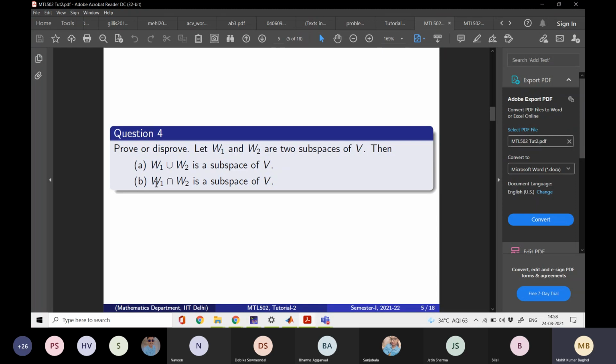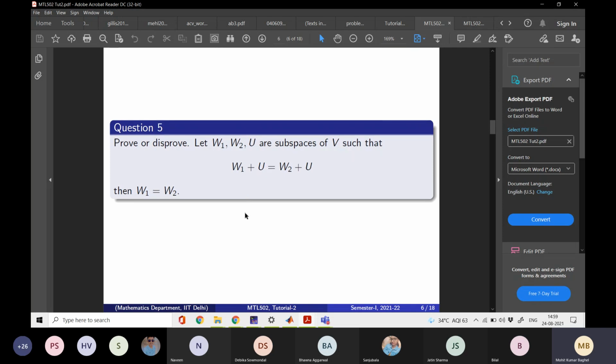Or you can say, if x and y belong to W1 intersection W2, then you have to show x plus y belongs to it and alpha times x belongs to it. Since W1 and W2 are two subspaces, their sum is contained in each of them, hence in the intersection. Similarly, alpha times x is in both, so in the intersection. By that reasoning you can easily say it.